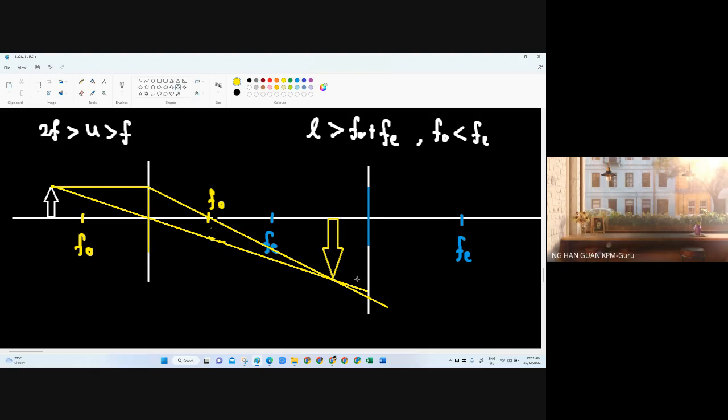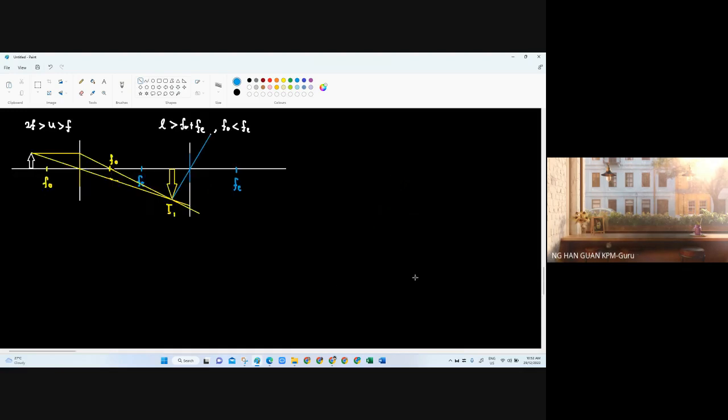This first image will be acting as an object for the eyepiece lens. First image, I1. So from here we continue our drawing. We go through the optic center here.